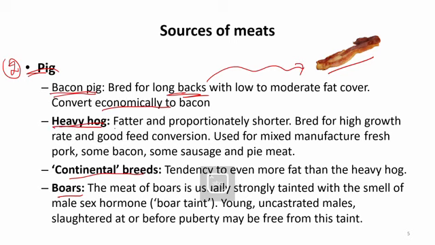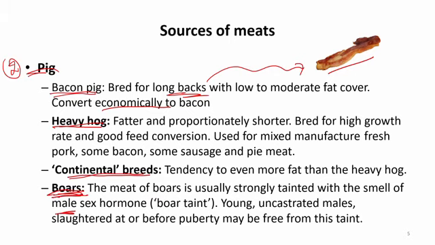Another breed is heavy hog or continental breed or boars. Boars are the real male. The real male pigs are raised, actually, the main purpose of this breed is not for making meat but for fertility.